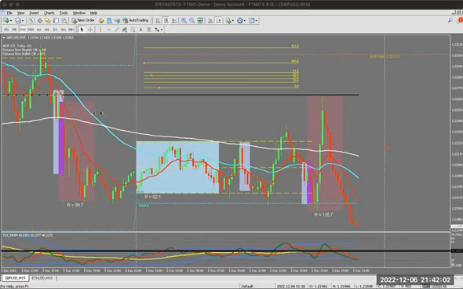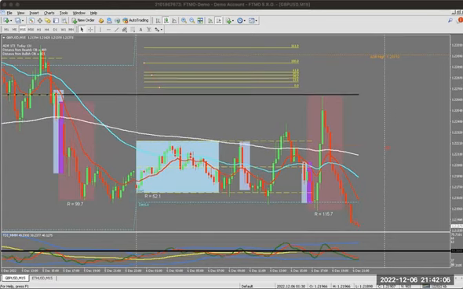Okay, so I'll just put the levels here. There's a few levels we want to use, and there's a few levels which we don't need at all. The first level we need is the 0.382, which is the 38.2.